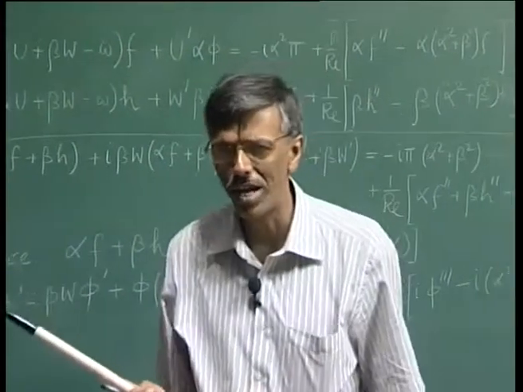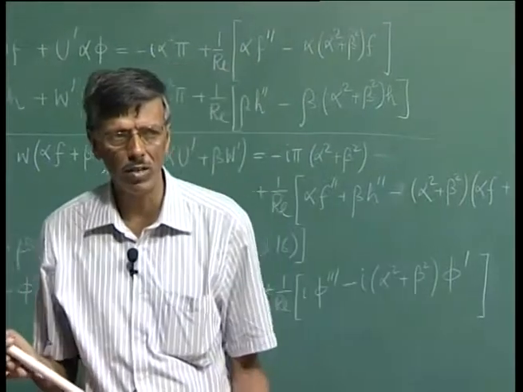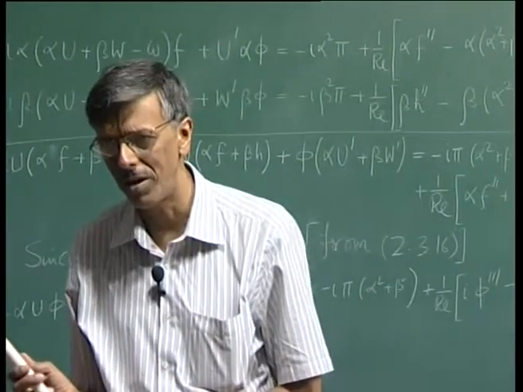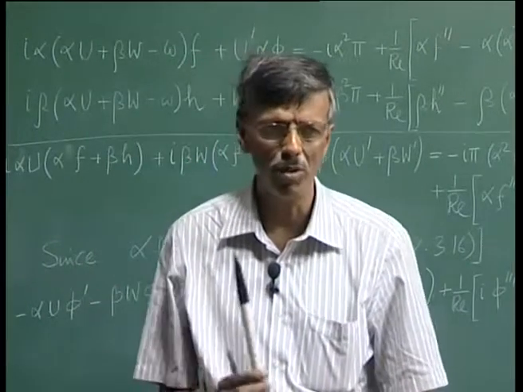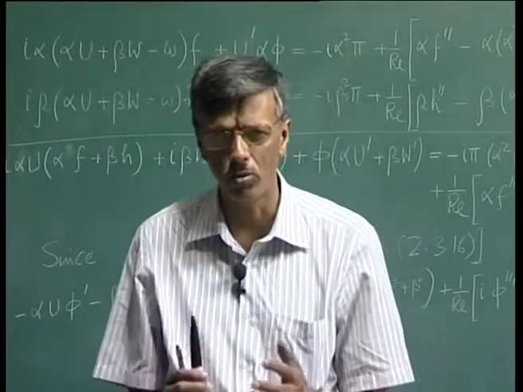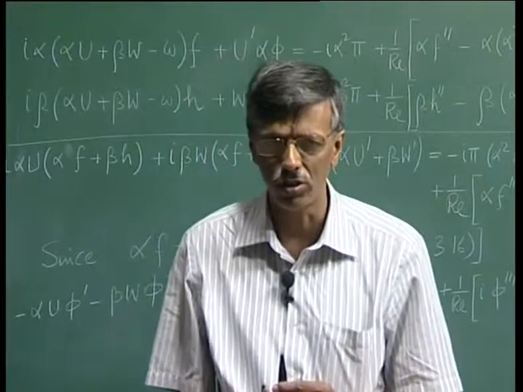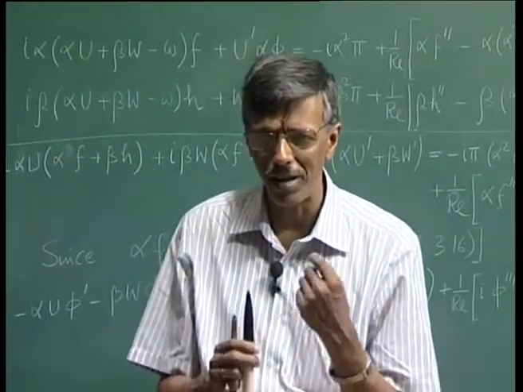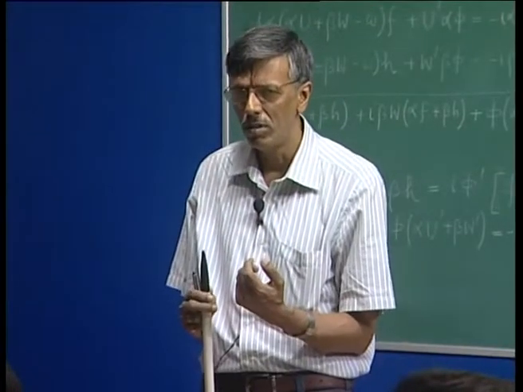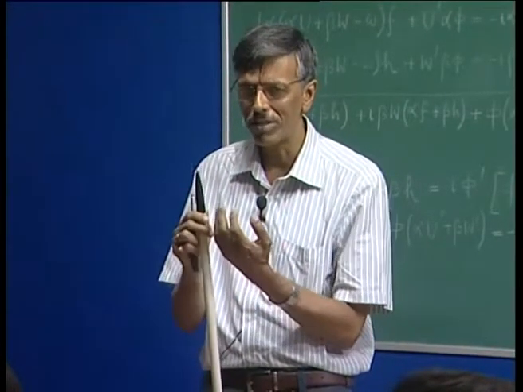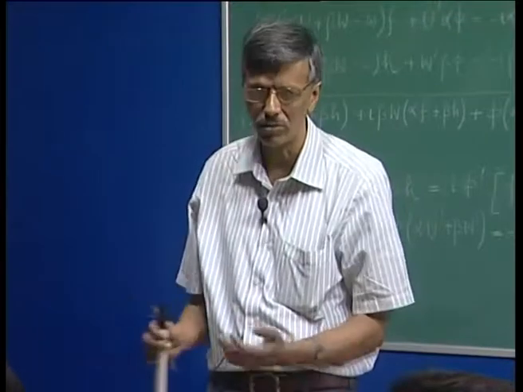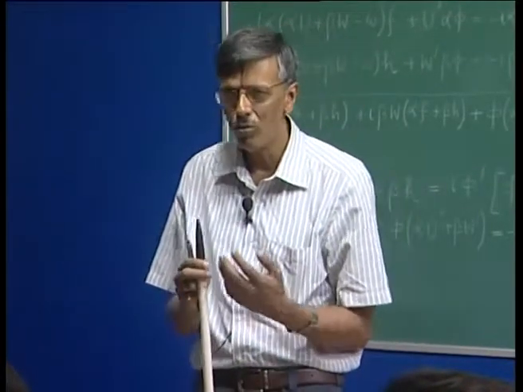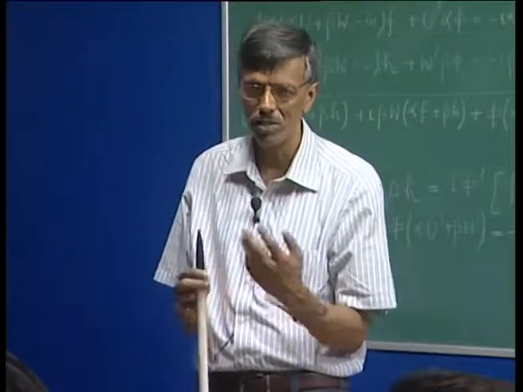So, what we are trying to say is that for different frequency we will have a different combination of alpha and beta. So, initially suppose I create a disturbance which is rather coherent at time t equal to 0, which is very localized in time. I have started at t equal to 0, then what will happen? It would have excited a range of frequencies, and different frequencies will correspond to different combinations of alpha and beta.